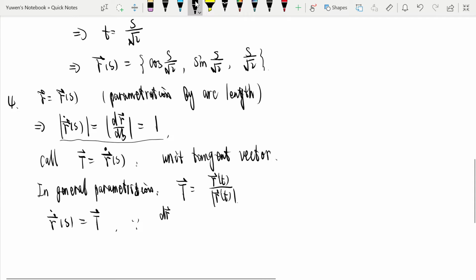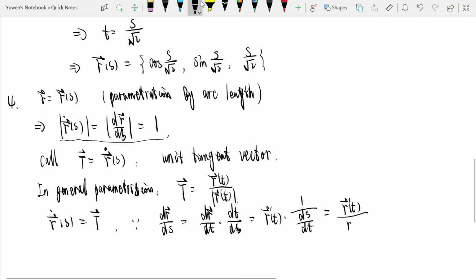We use the chain rule to derive this formula. dr/ds is dr/dt times dt/ds, that is r'(t), the derivative of r(t), times dt/ds, that is 1 over ds/dt, because ds/dt is the length of the derivative.